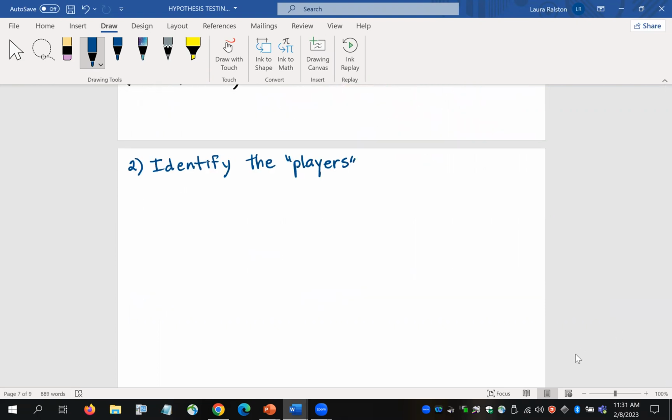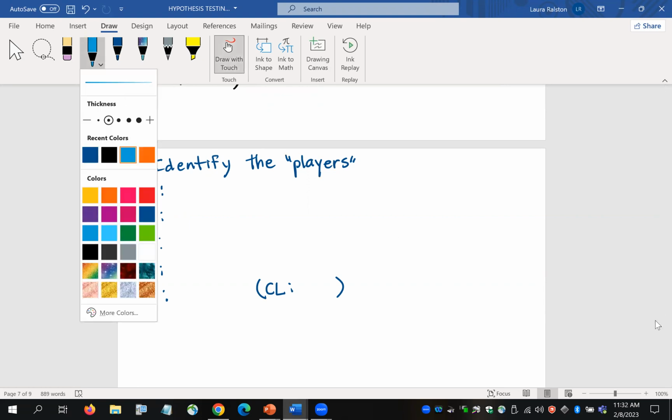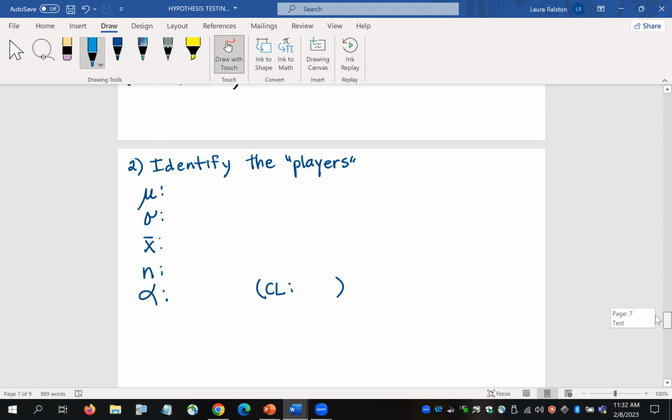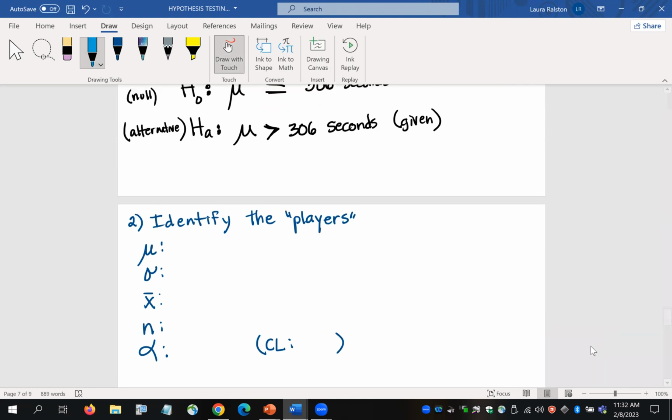We need the population mean, the population standard deviation, sample mean, sample size, significance level, and the corresponding confidence level. The population mean is the value that is in the hypothesis, which in this case was 306.